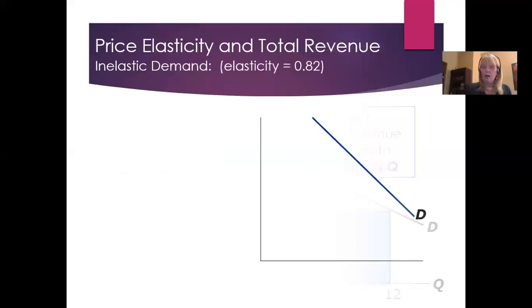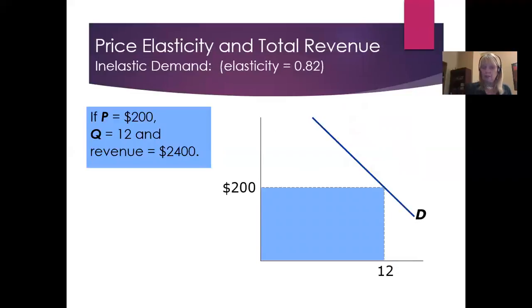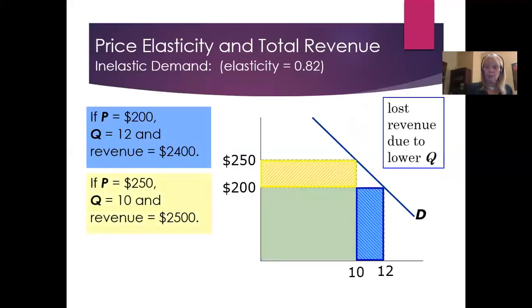And that's what happens when you have elastic demand. Now if price is 200 and quantity is 12, once again, we start out with total revenue of 2,400, 200 times 12. But this time, when we increase the price to $250, we don't lose as much quantity. We still sell 10 units even at $250 a unit.